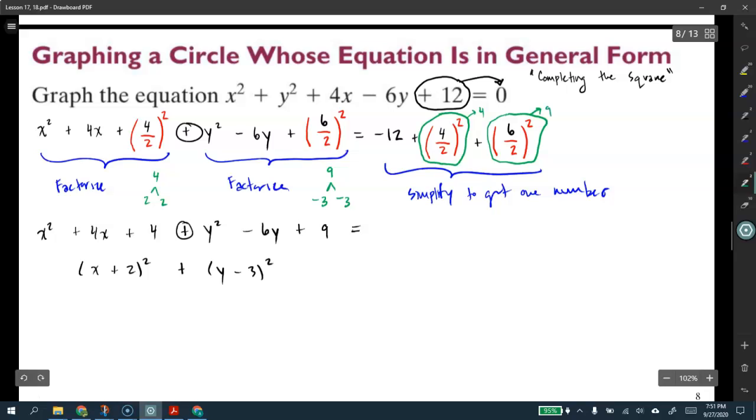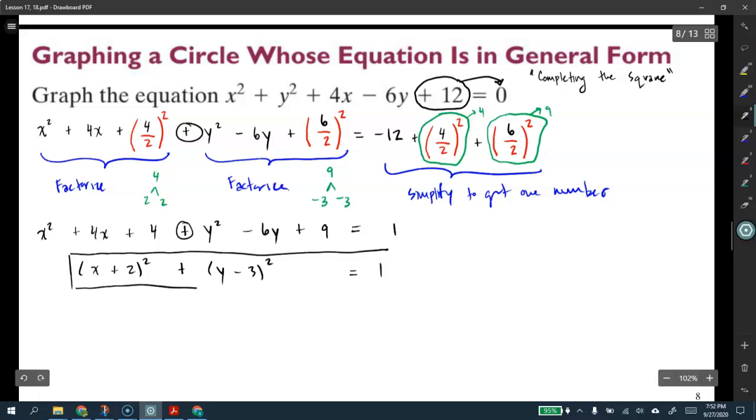So negative 12 plus 4 is negative 8, and negative 8 plus 9 is going to give you positive 1. So therefore, we're going to have the number 1 out of that. There's not much you can do with it. You simply move it forward and write down is equal to 1. And there you go. Like this, you have created the equation of the circle.